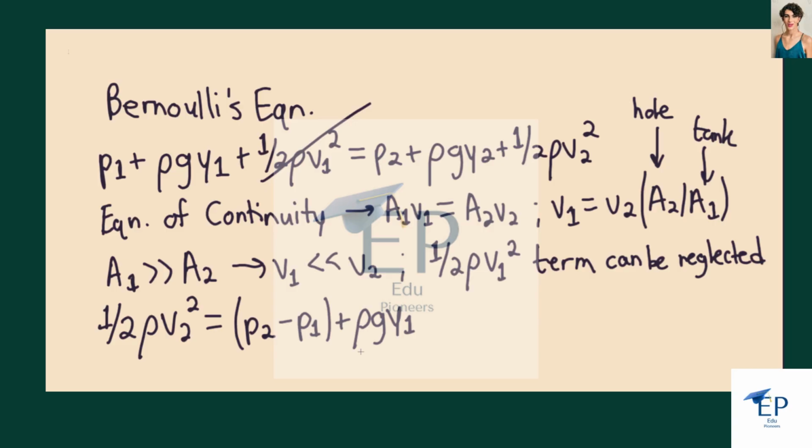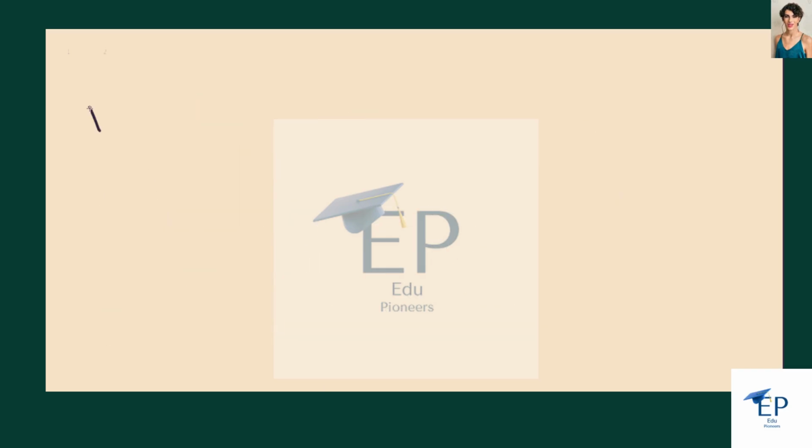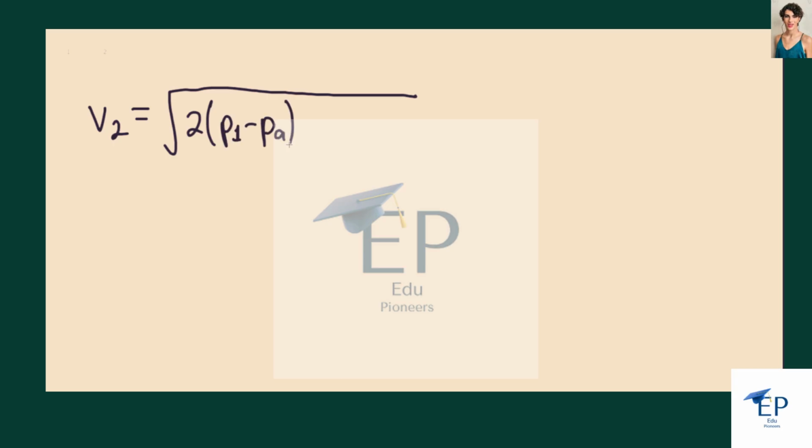And we can then use that P sub 2 is equal to the air pressure and solve for the velocity V sub 2. And so V sub 2 would be equal to the square root of 2 times the change in pressure, P sub 1 minus the pressure of air, divided by the density, plus 2 times g times y sub 1.